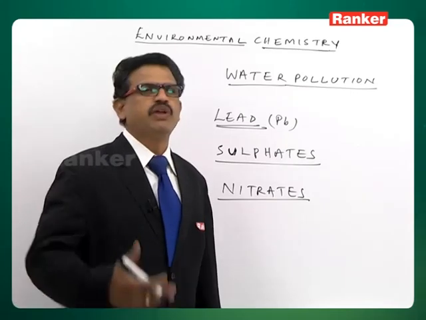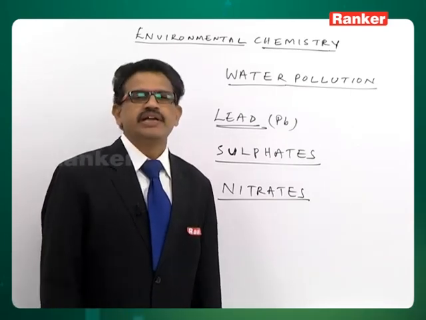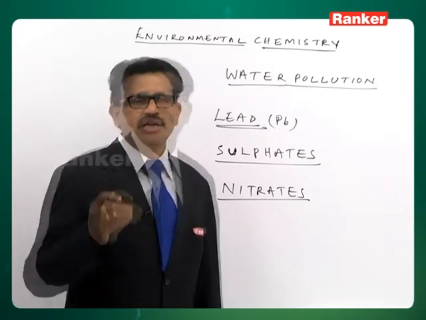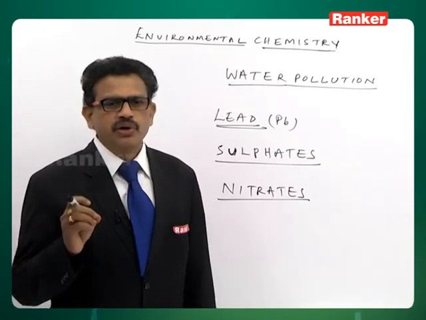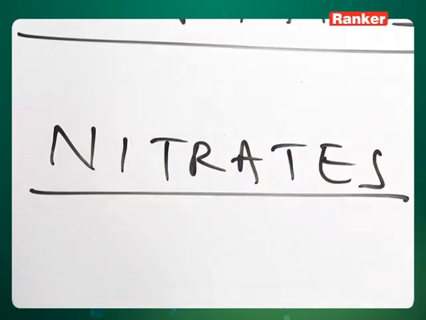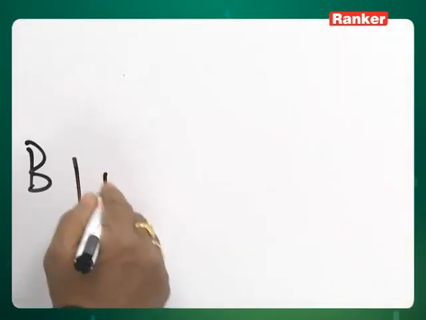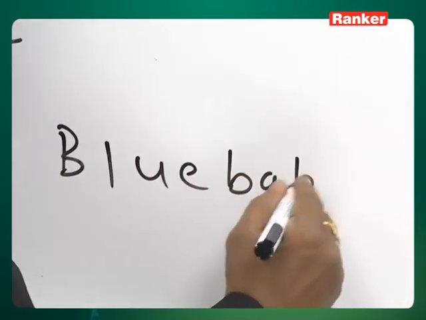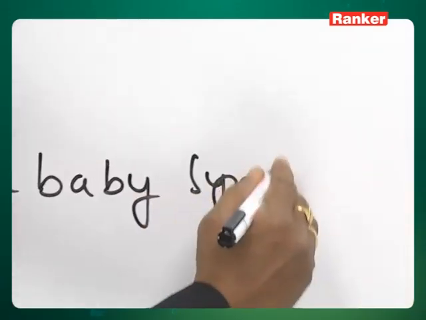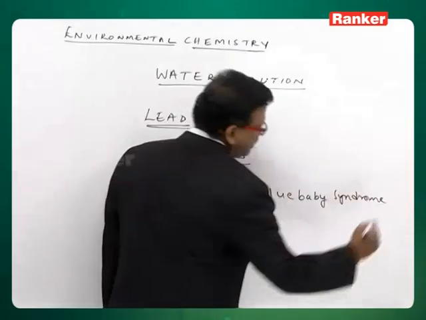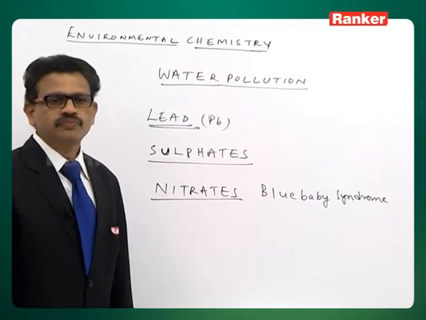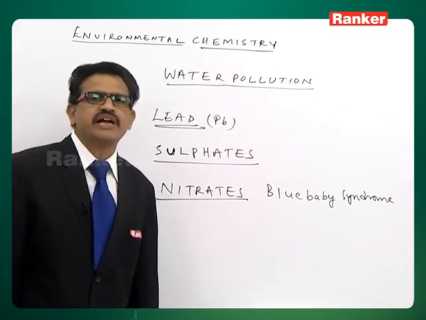If it exceeds this 50 ppm, it can cause diseases like methemoglobinemia, an anemic type of condition, that is blue baby syndrome. It is because of excess nitrate ions.